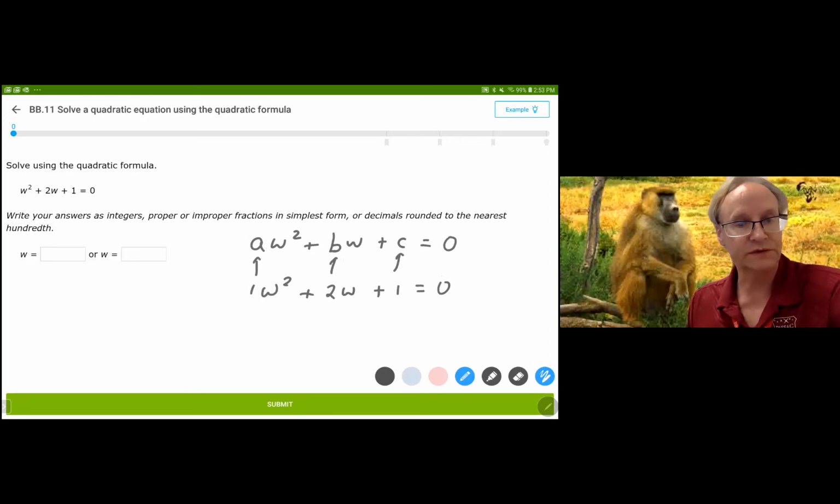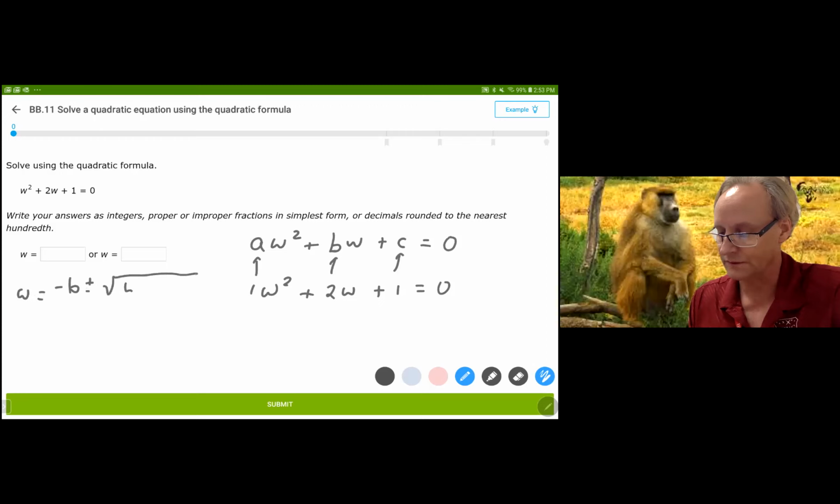And we are substituting into the quadratic formula, which says, in this case, W equals negative B plus or minus the square root of B squared minus 4AC all over 2A. Now, for this particular case, I'm going to substitute it in really carefully.